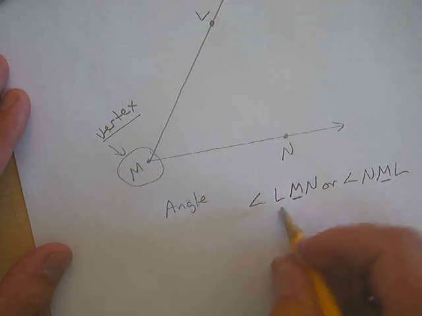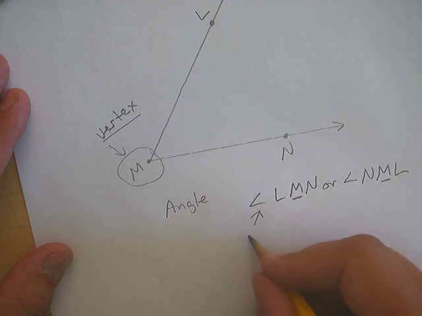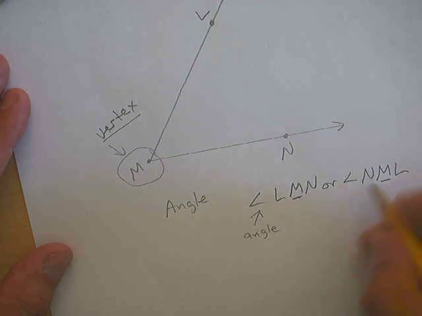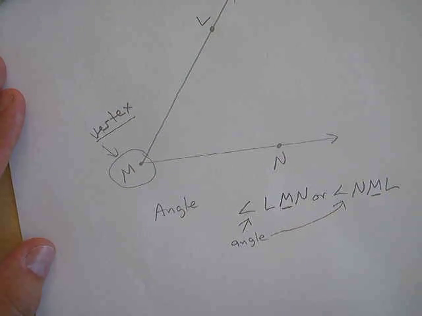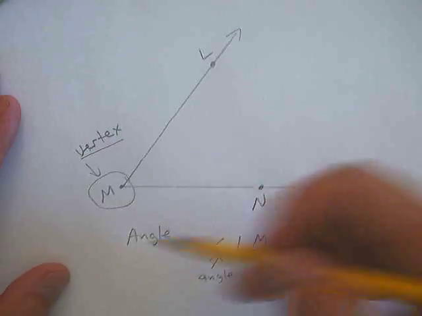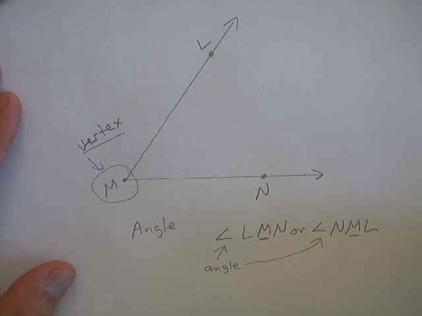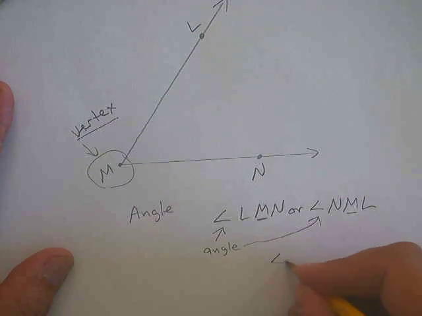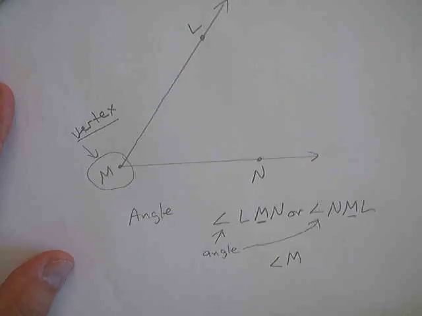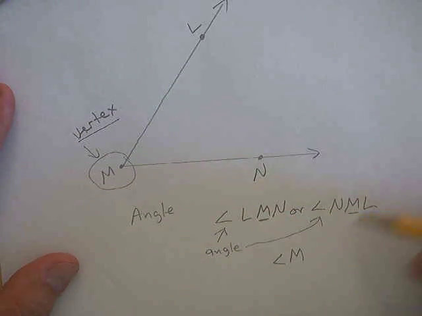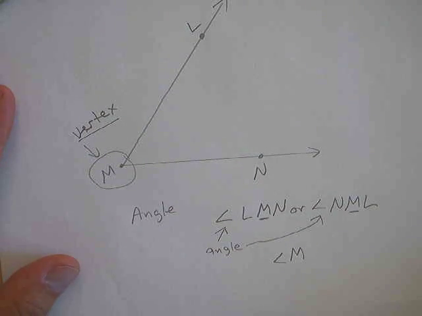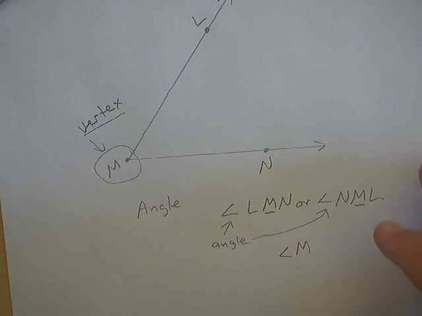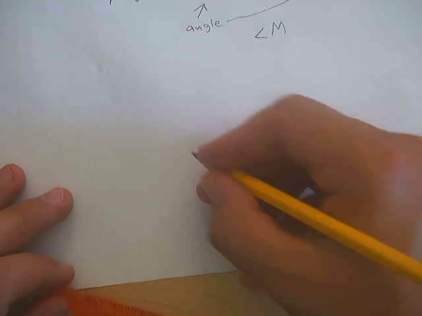The middle letter has to be the vertex. And this little mark right here stands for angle. Sometimes angles are referred to with one letter, so I could also call this angle M. But never with two letters: either three letters or one letter. The vertex is the most important letter right there.